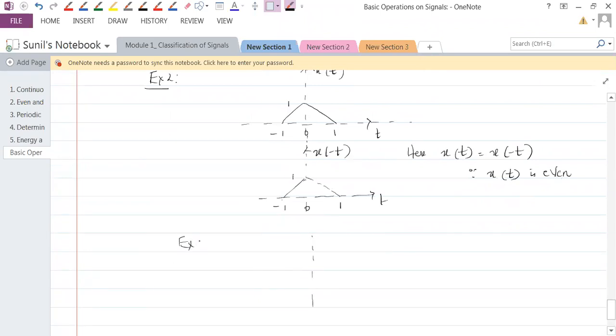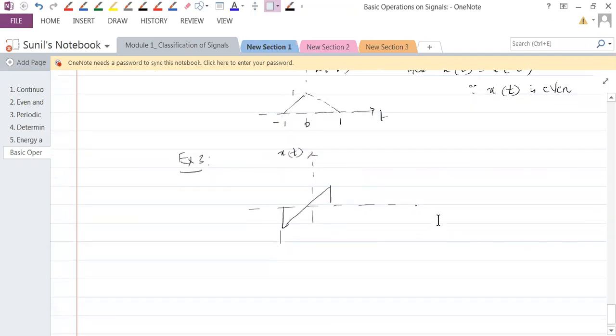This is example 3. Suppose you take x of t and see if it is this. This is an odd signal. So what is x of minus t for this? x of minus t for this would look like this, the reflection.